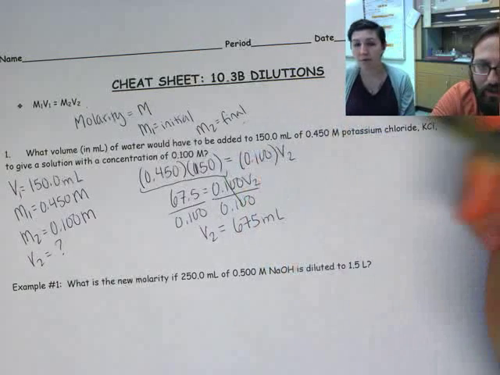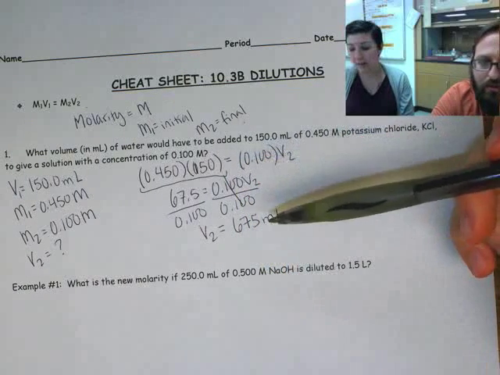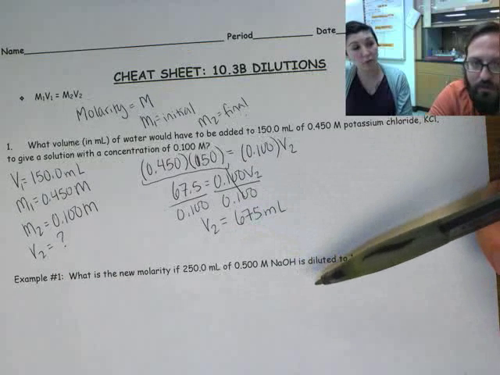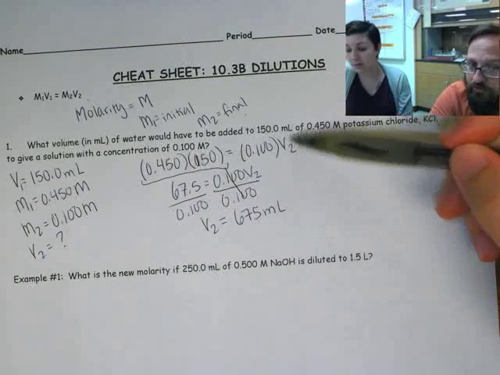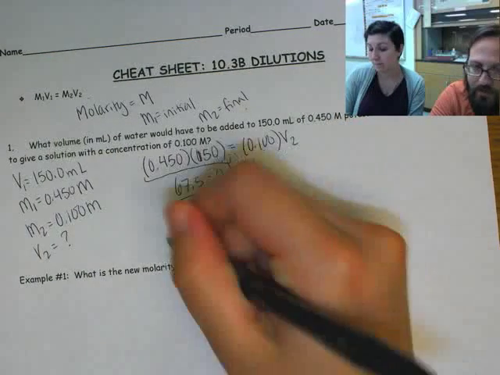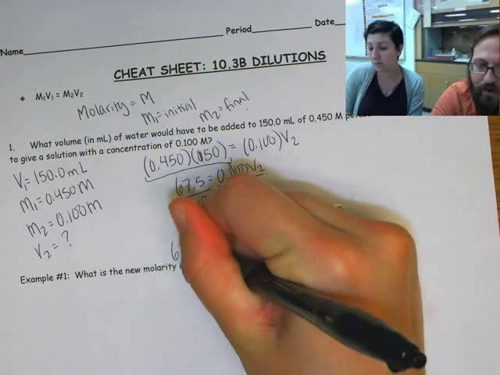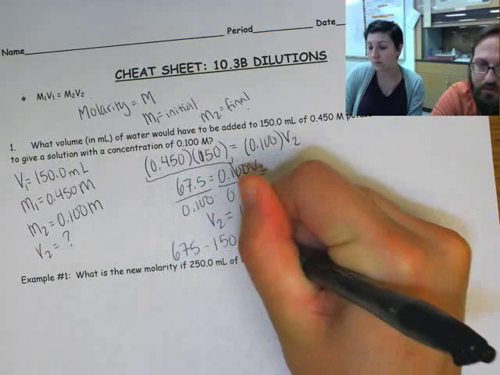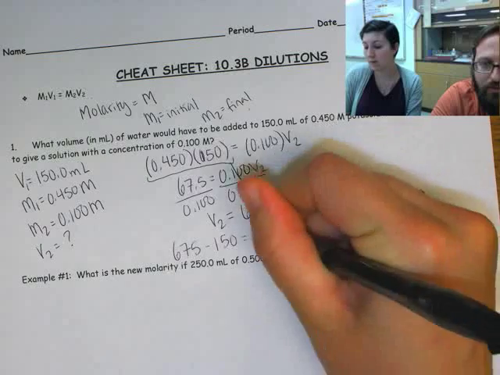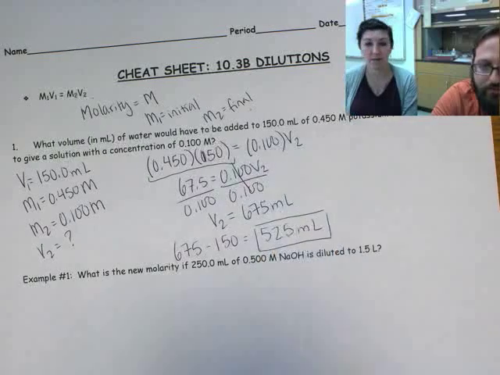The key is that this is our final volume, so that's what it was changed to. So we can subtract those two to find out how much was added. That means I added 525 milliliters.